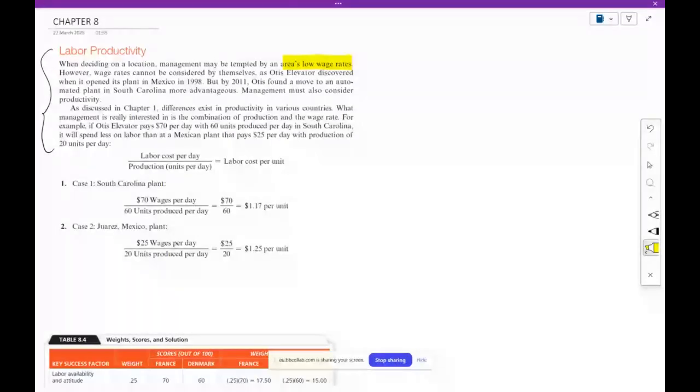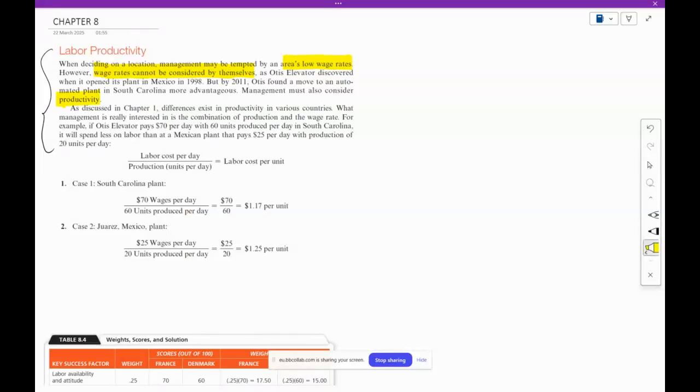However, wage rates cannot be considered by themselves. They cannot be the determining factor by themselves, as Otis Elevator discovered when it opened its plant in Mexico in 1998. But by 2011, Otis found it more advantageous to move to an automated plant in South Carolina. Management must also consider productivity.